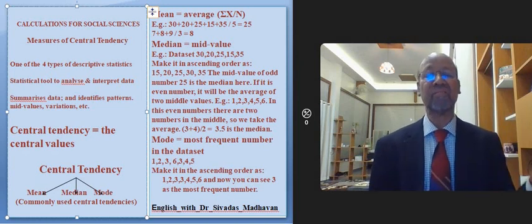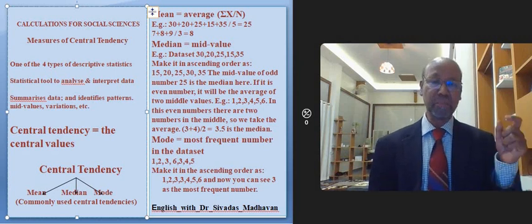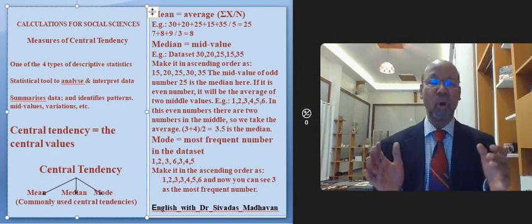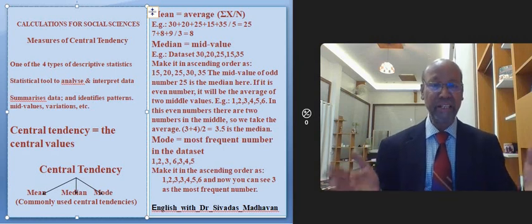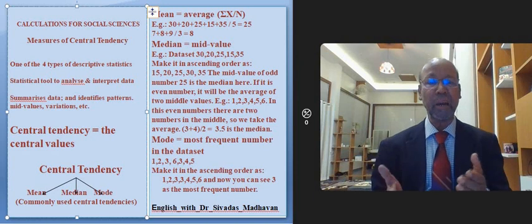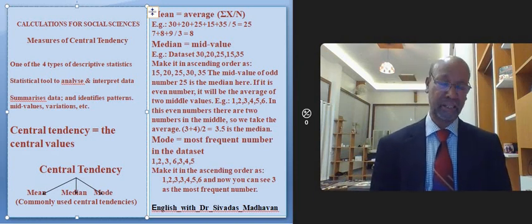N is the number of items or number of data points. Sigma x means the total value of the data points. The value of the data points will be divided by the number of data points. That is average, or it is called mean.